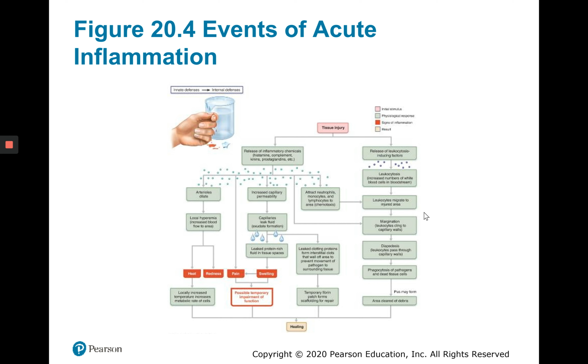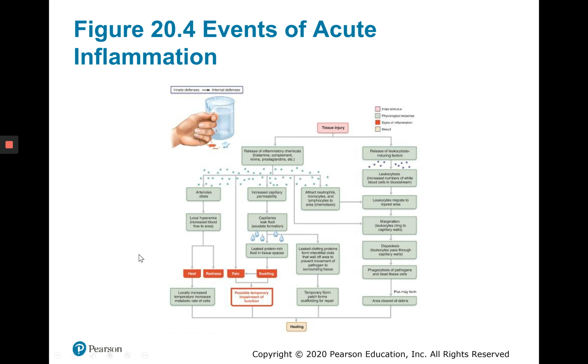But we also see that arteriolar dilation led to increased hyperemia, which led to heat and redness, two cardinal signs of inflammation. The swelling, because of excess exudate that goes into the interstitial space, can cause pain when it puts pressure on nerve endings, and that swelling and pain are two more signs of acute inflammation.